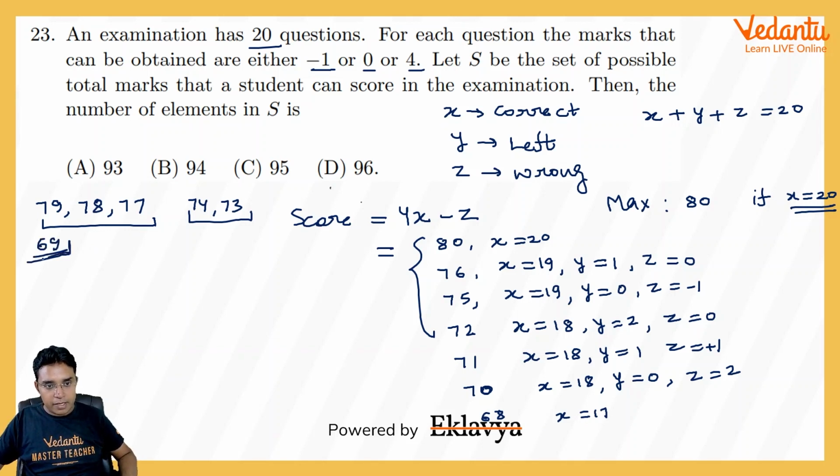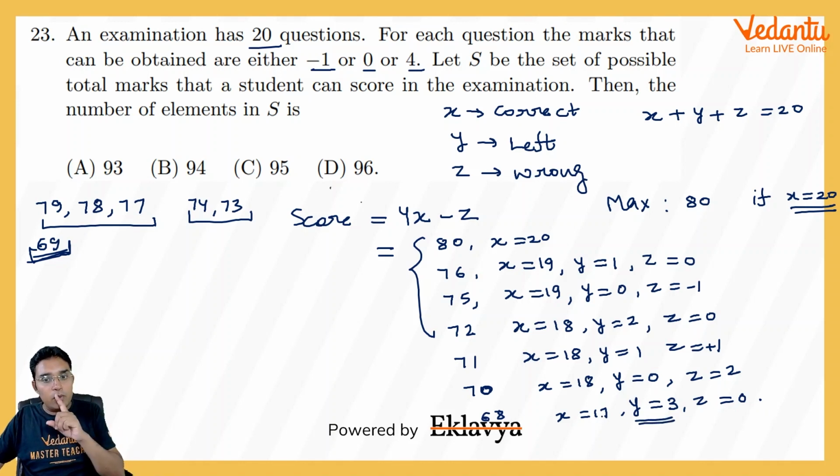So from this pattern, can we assume all other marks will be obtained? The 68 would be when you have left 3 questions and done 0 questions wrong. In fact, in this case, 17 questions were correct and 3 were left. Instead of 3 left, it could have been 2 left, 1 wrong, 1 left, 2 wrong, or all 3 wrong. So this way you can reduce your score by 1 every time. So 68 to 67 will be possible, 66 will be possible, 65 will also be possible.